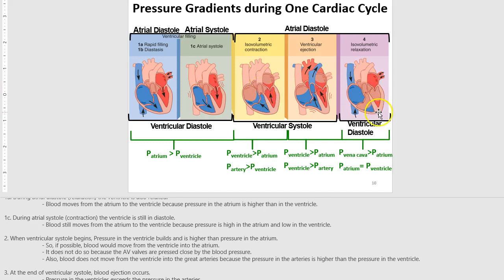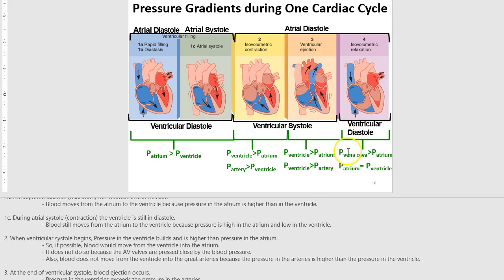When we reach ventricular diastole, and also atrial diastole at this point, blood is moving from the vena cava into the atrium and from the pulmonary veins into this atrium. So the blood pressure is higher in these venous vessels than in the two atria.